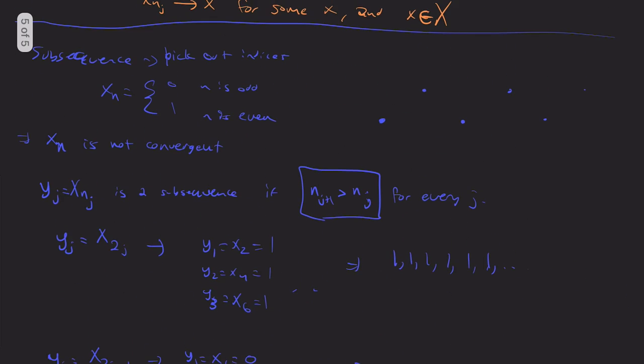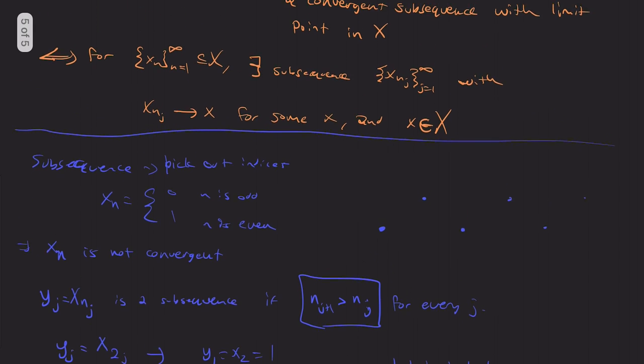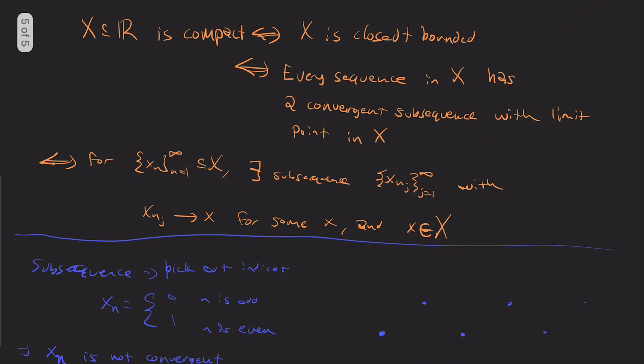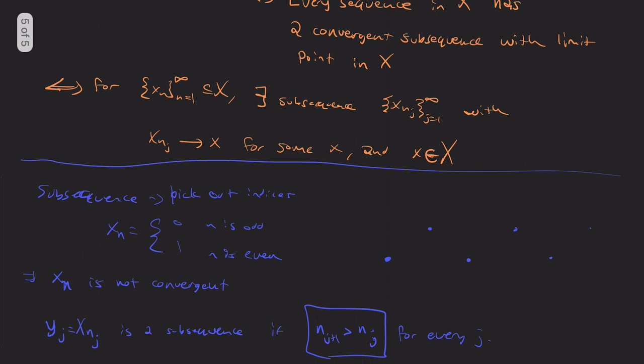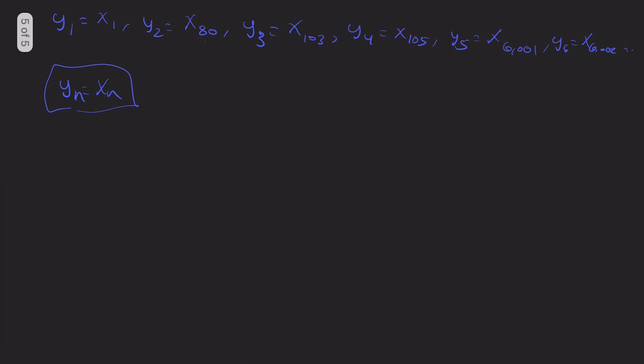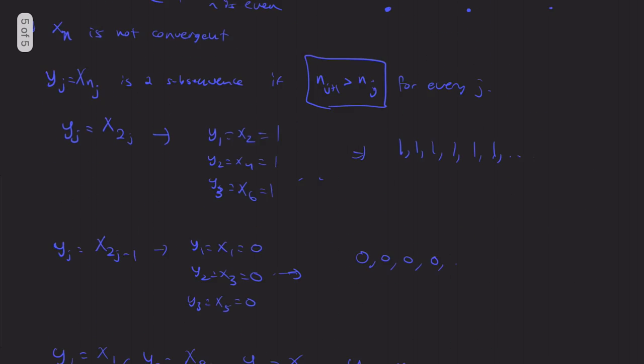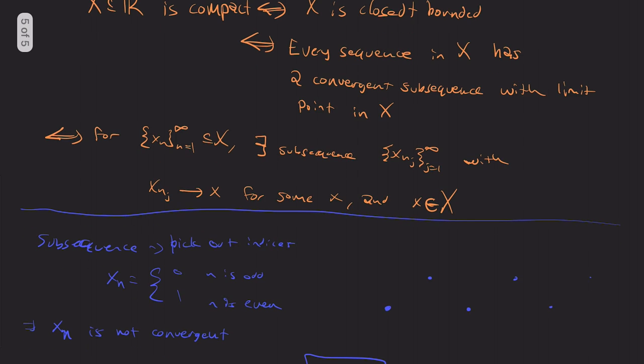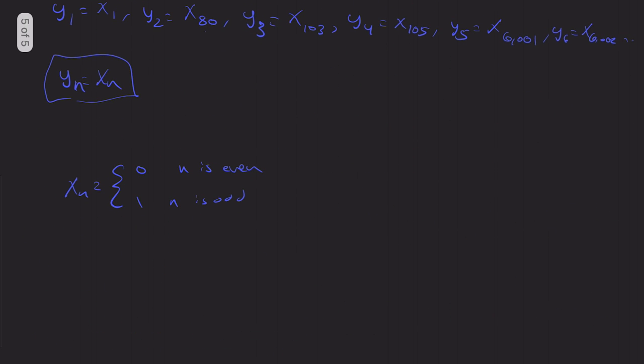So what this is saying is, even if you don't converge, we're going to stay on this example for a little bit longer. 0 when n is even, 1 when n is odd. I guess I made a mistake earlier. Let's make sure it's consistent. Oh, 0 when n is odd, yeah.